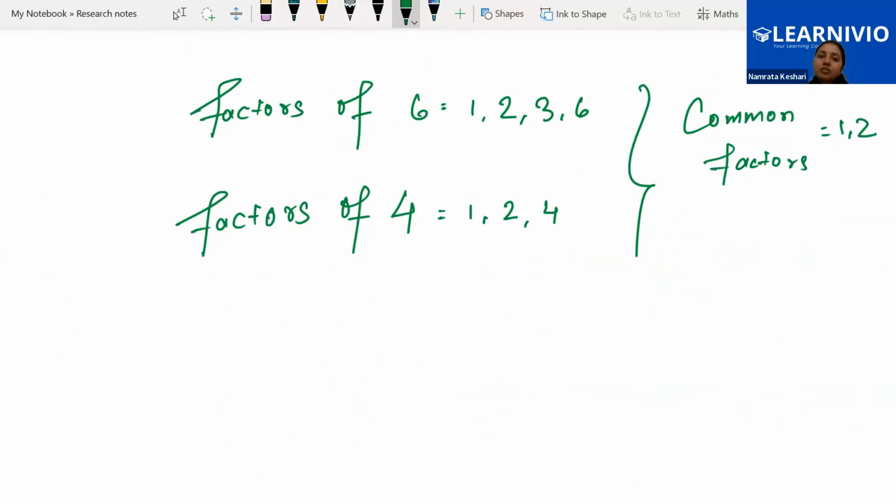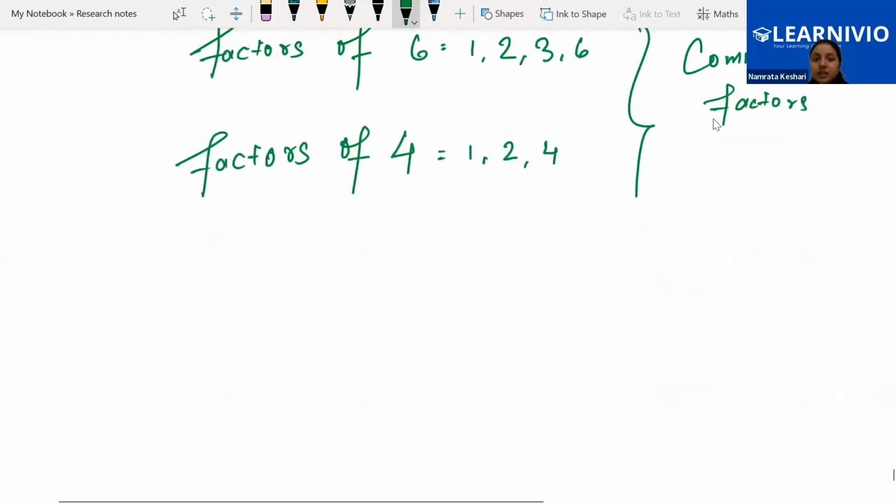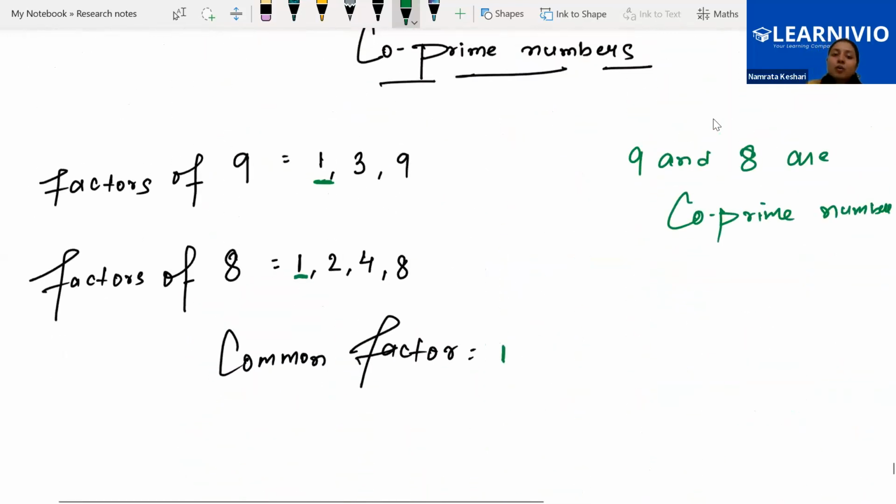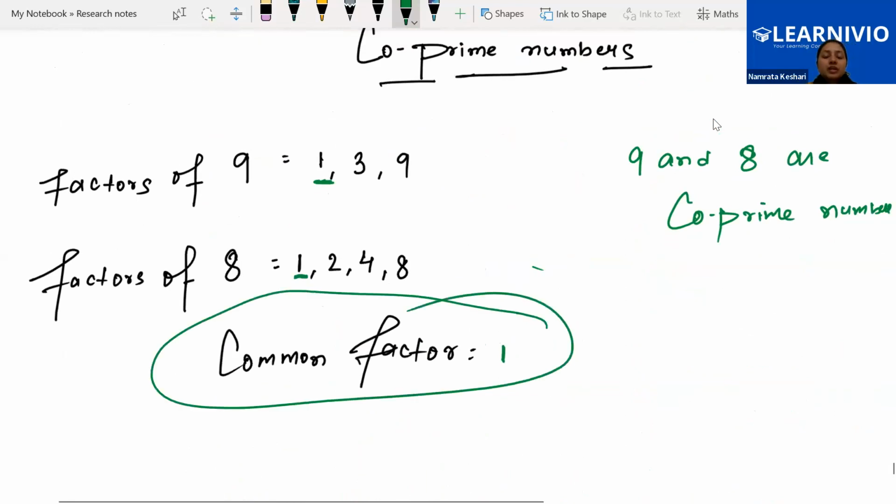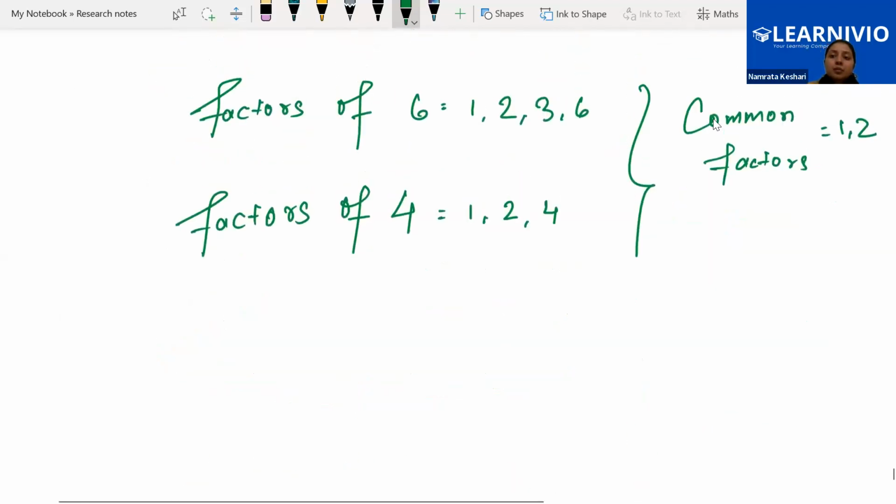No, these two are not co-prime numbers. That's what I am saying: if only one is the common factor, hence it's a co-prime number. If apart from one there is another number that is coming in the common factors, then it is not a co-prime number. 6 and 4 are not co-prime numbers.